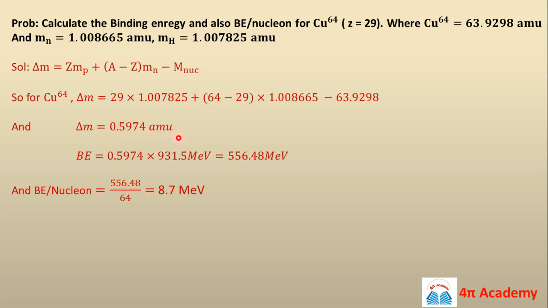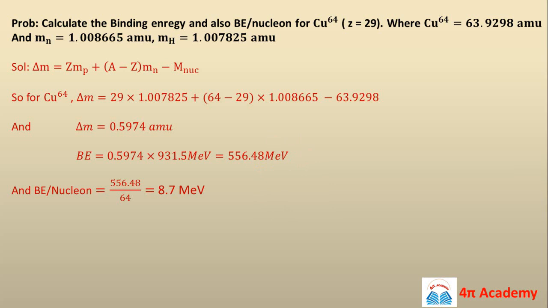To convert the mass defect into binding energy, if the mass is given in atomic mass units, just multiply this mass by 931.5. So your binding energy will be 556.48 million electron volt.